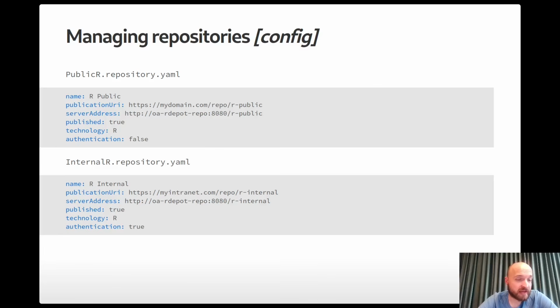One is for a public repository which doesn't have any authentication on it, and the bottom one is for an internal repository which does have authentication on it. So here the same properties as in the UI can be configured, and every repository needs to have their own configuration file. So for example, these two repositories each have their own YAML configuration file with those properties.